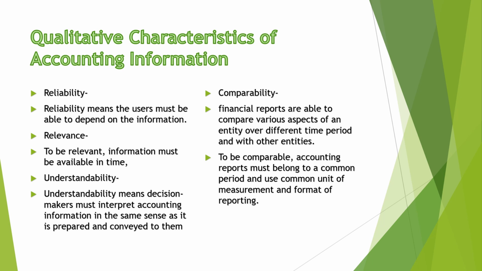Reliability means users must be able to depend on the information. Relevance means it must be available in time. Understandability means it must be understood by the common man. And comparability means it must be comparable with other organizations, within the same organization, and across different periods of time.